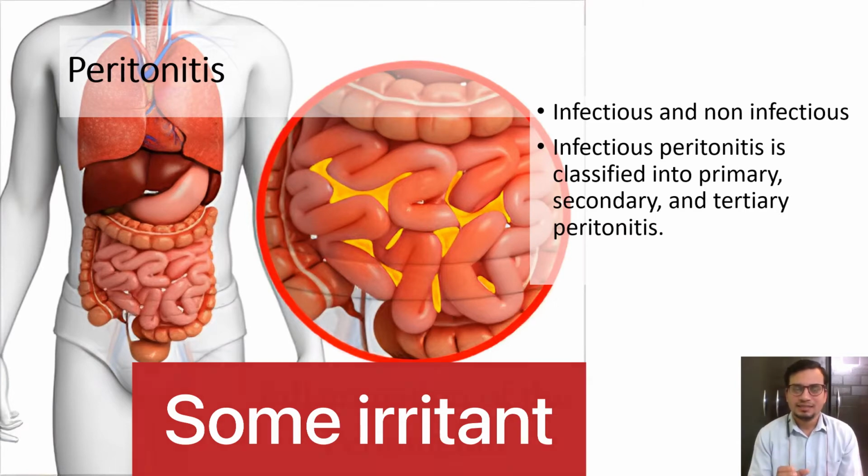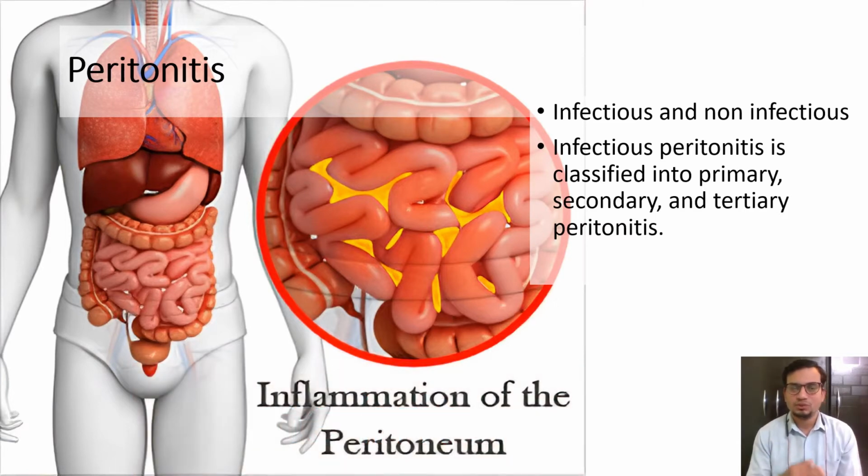Anything can irritate the peritoneum and lead to its inflammation, which is called peritonitis. But the most common cause is usually infectious. Infectious peritonitis is caused by various microorganisms. It can be classified into primary, secondary, and tertiary peritonitis. So we will understand what they are.